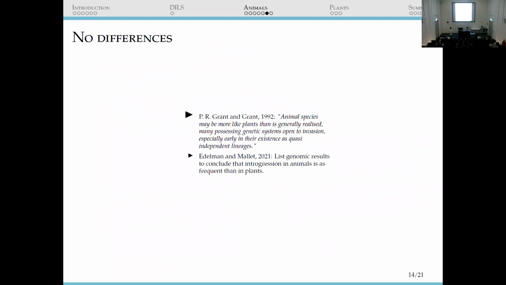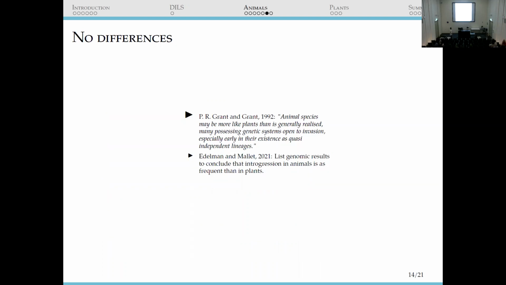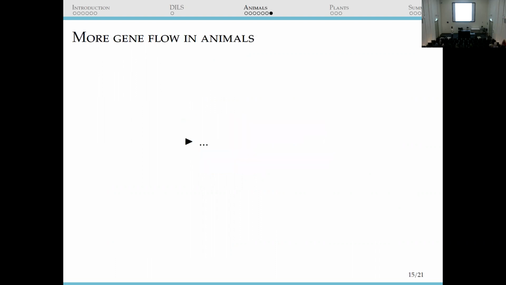Here is the literature about, okay, we expect no differences. It's funny because some of the authors, like Mallet, who said we expect more hybrids in plants in 2005, 16 years after, actually, no, we don't expect differences. And here is the literature about more gene flow in animals. I found nothing, actually. The idea is, well, maybe we can just empirically test this hypothesis.